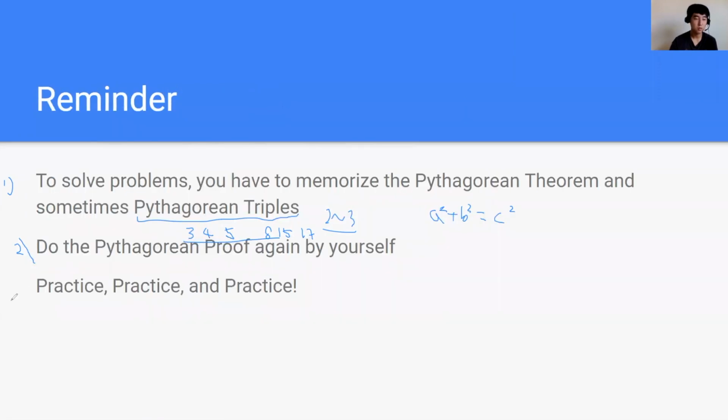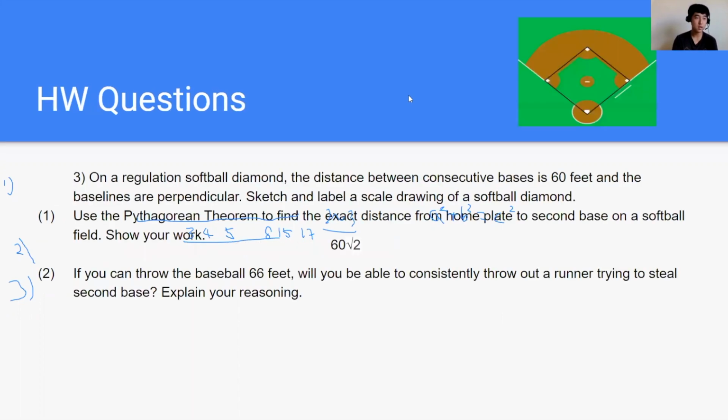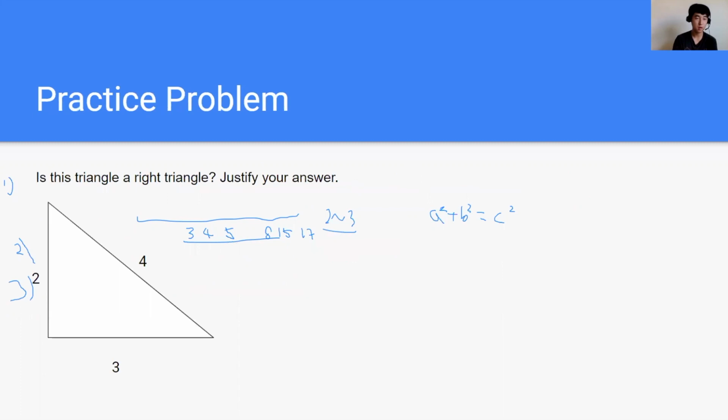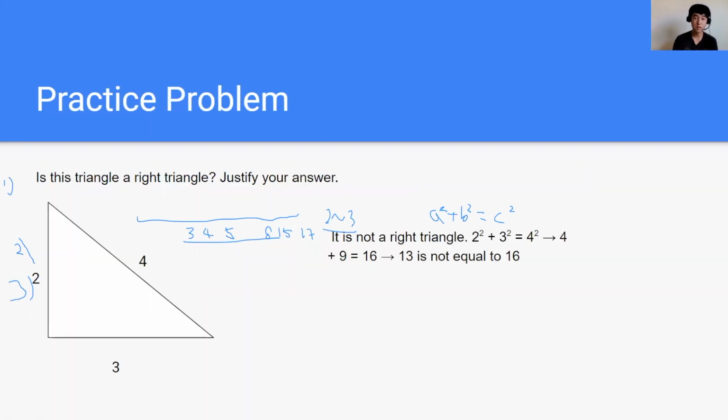Okay, last one: practice, practice, and practice. Okay, Pythagorean is a really important concept in this Math 1. So if you want to be good at it, you have to practice. You can go back to homework questions, you can go back to practice problems, or just Pythagorean theorem problems, just to practice.